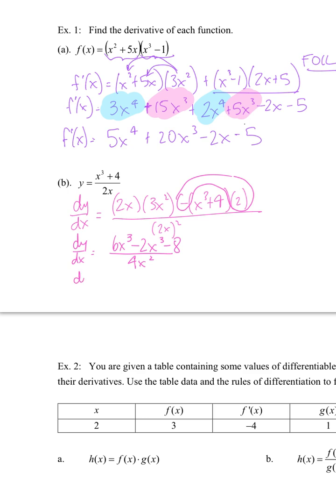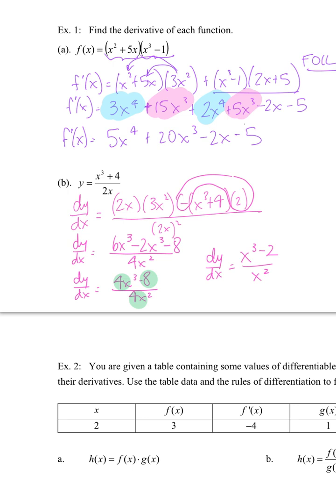The last little bit is combining your like terms, which becomes 4x cubed minus 8 over 4x squared. Oh, look, that's reducible. All three terms are divisible by 4. So x cubed minus 2 over x squared.